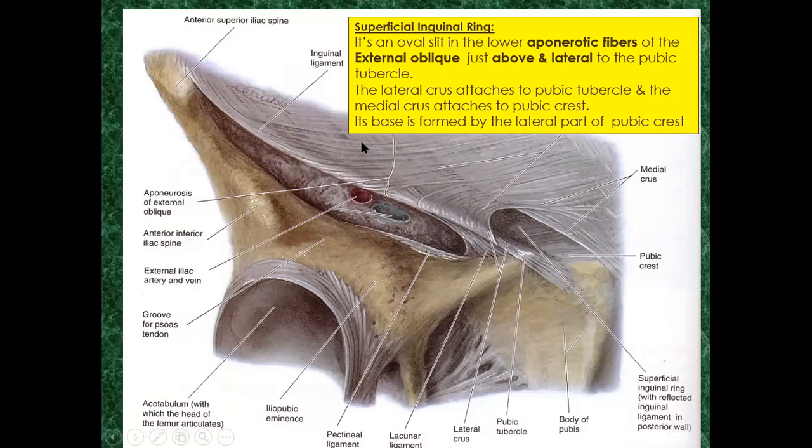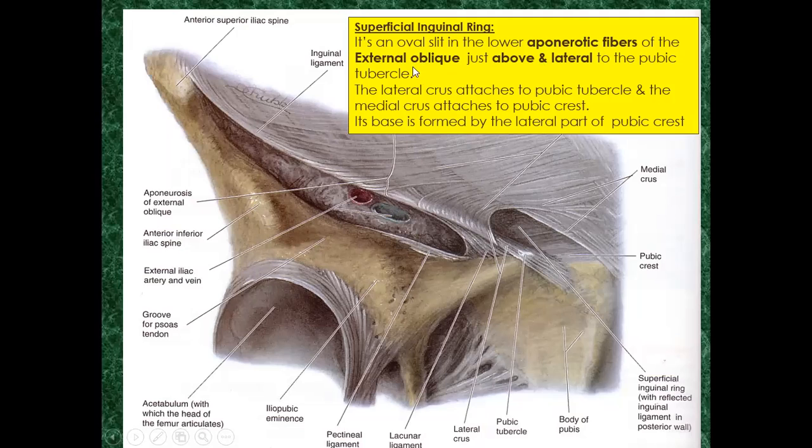Aponeurosis means the thin fascial part of the muscle. So in the lower aponeurotic part of this external oblique, you can see an opening, or oval slit.